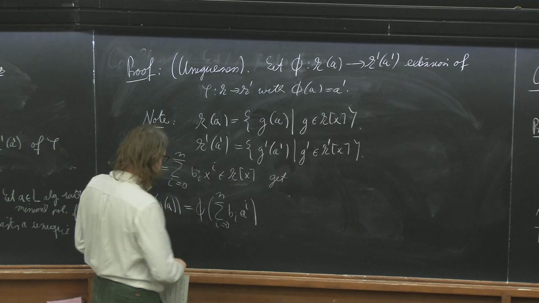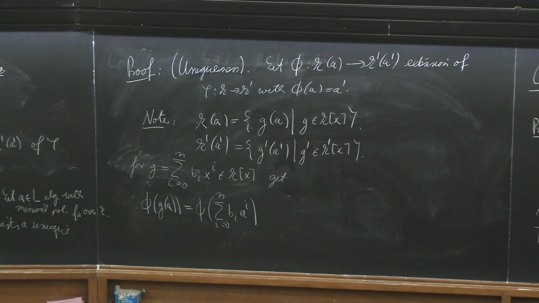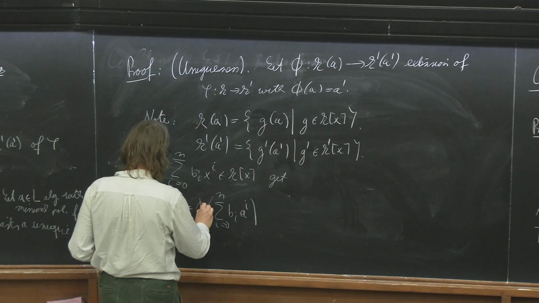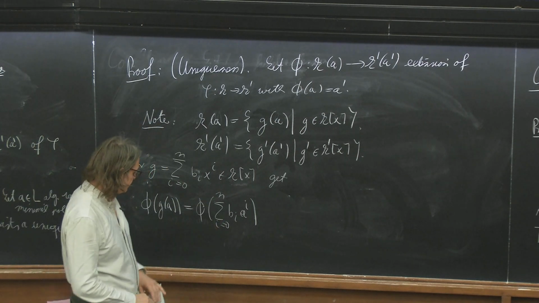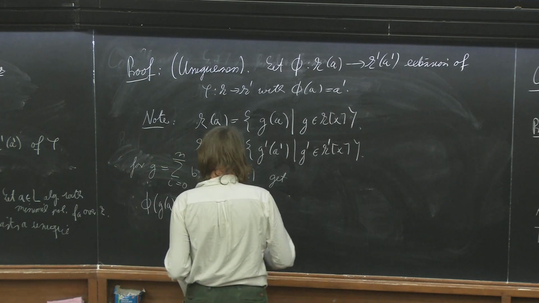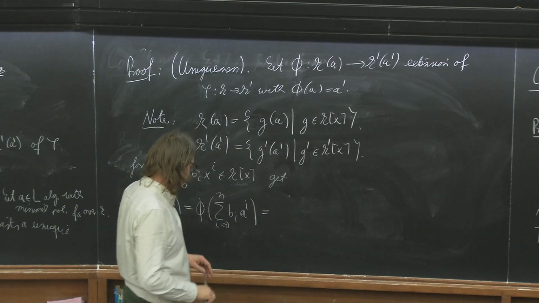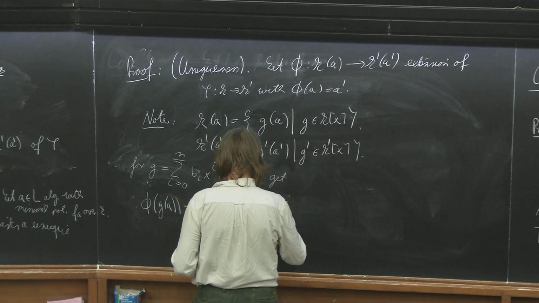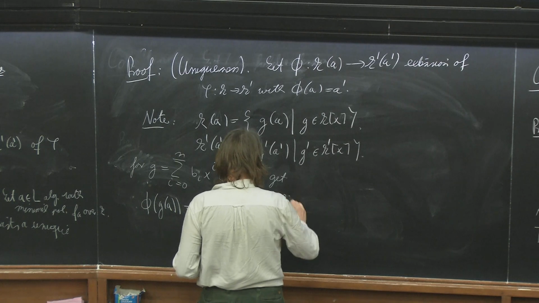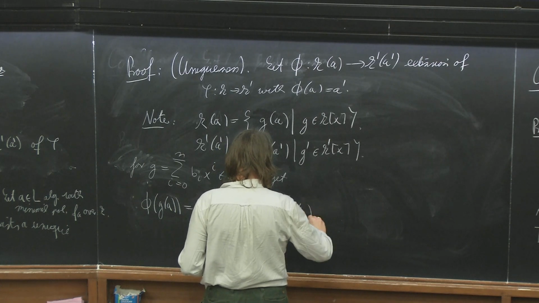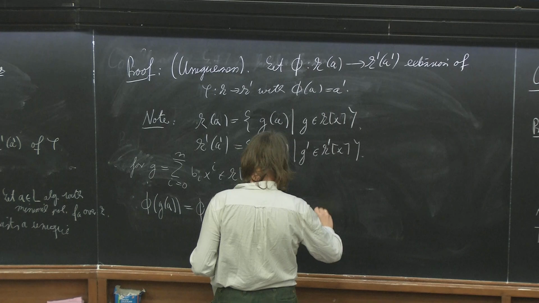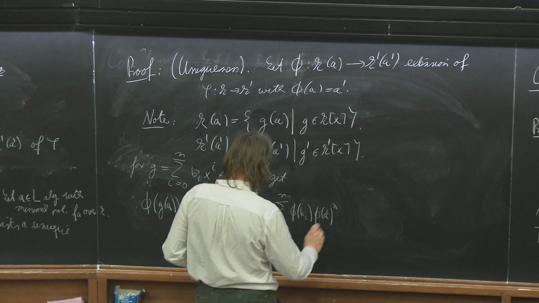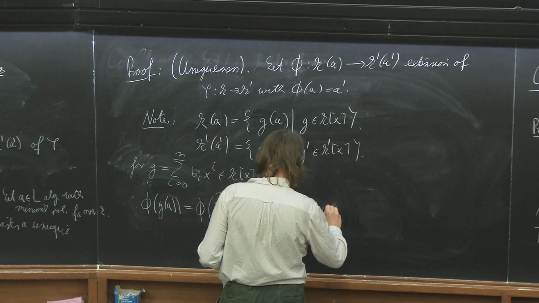And now phi is a field homomorphism, so it is compatible with sums and products, and it extends the small phi on K. So this is the same as the sum over i equals 0 to n of phi(b_i) phi(a)^i.